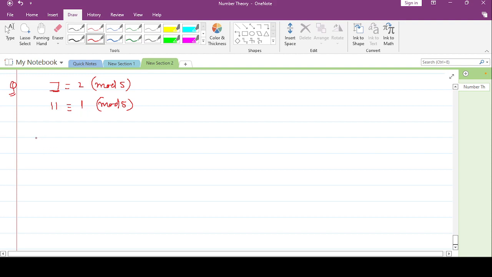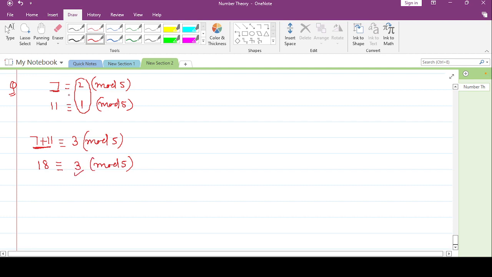Now if we add these two, 7 plus 11, the remainder is just given by adding these two remainders, so 2 plus 1, which is 3 modulo 5. You see that on this side you are getting 18, and when 18 is divided by 5, the remainder is 3.